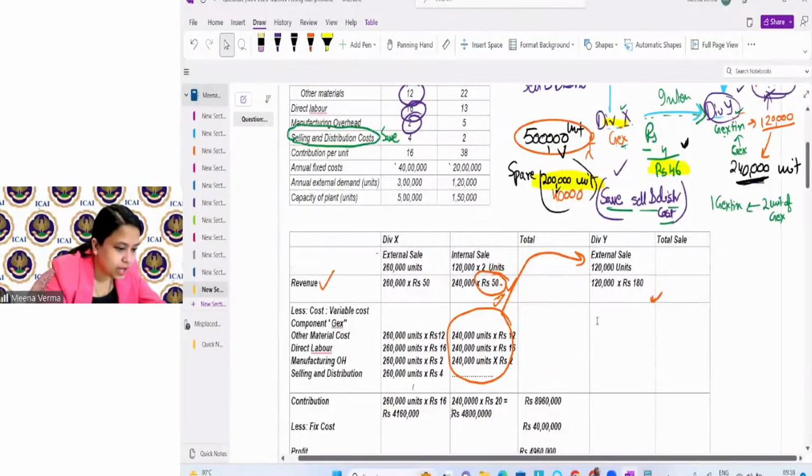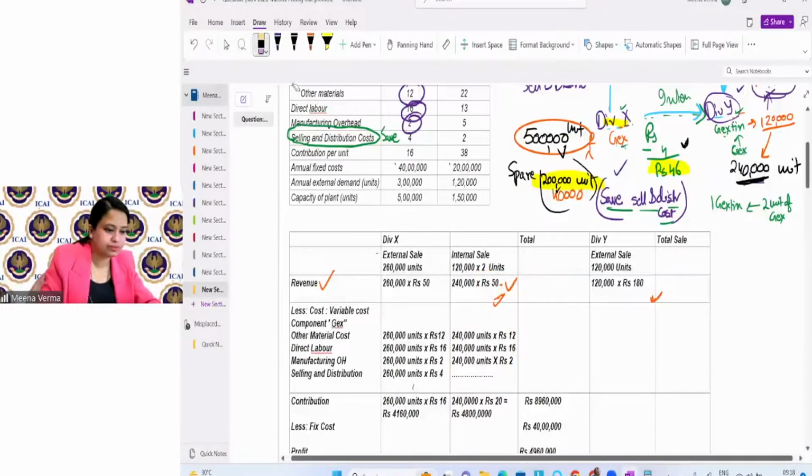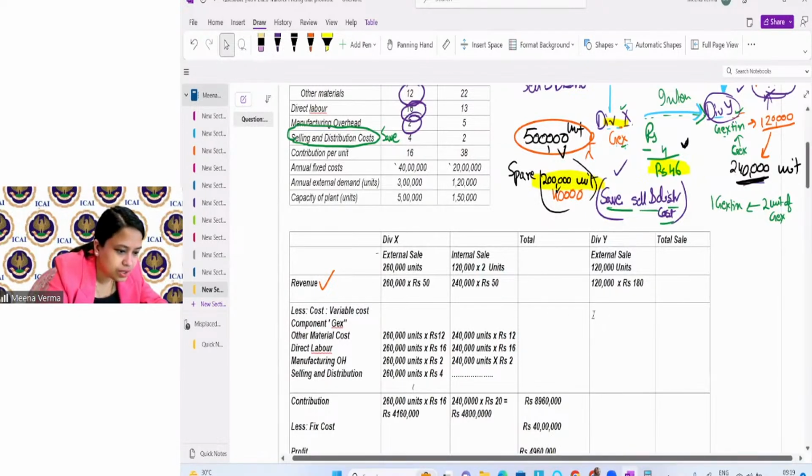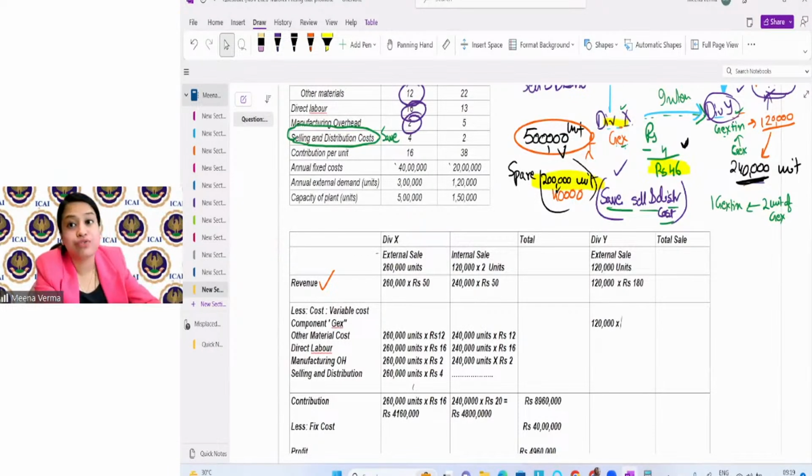So I can write here, for 1,20,000 units, the cost. For 120,000 units you are using 2 units of JIX, and the cost of 2 units of JIX is 100. This is the cost.